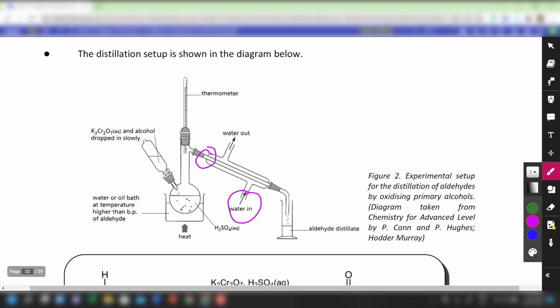And then of course water out because the water gets warmed up. The potassium dichromate and alcohol need to be put into a dropping funnel and introduced to the system slowly for the reaction to take place. Then you must always adjust your hot plate temperature, so that you do not let oxidation become uncontrollable.